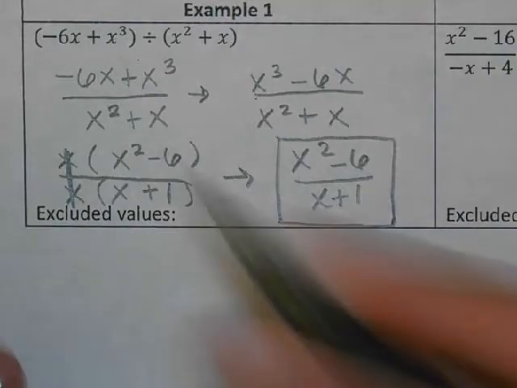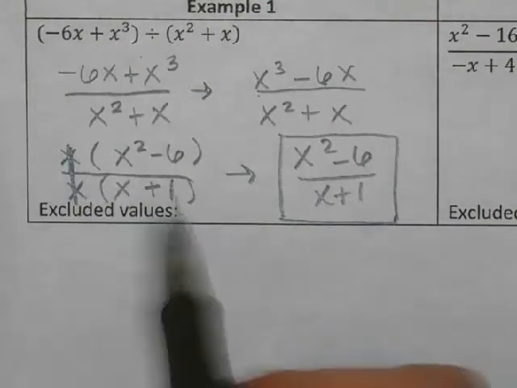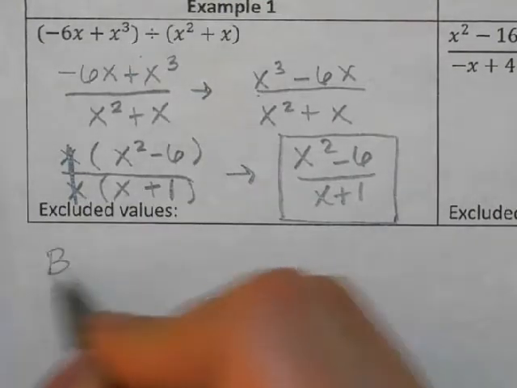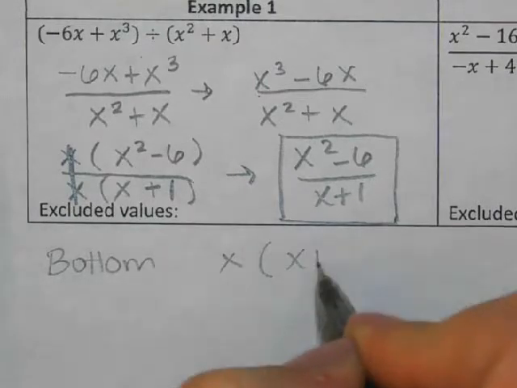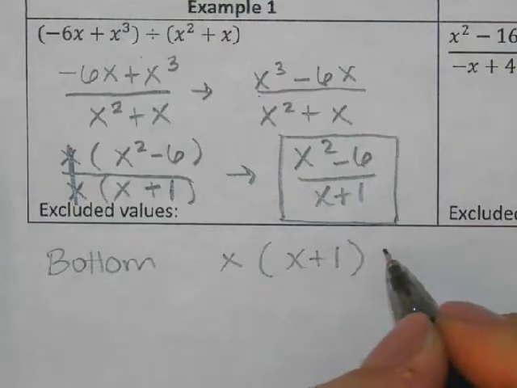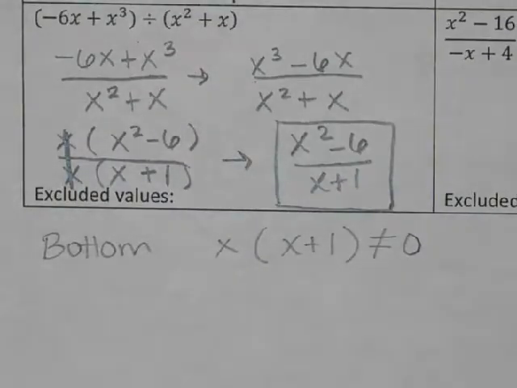So what we do to find the excluded values is we take the bottom. The bottom was x times x plus 1, and we know that the bottom cannot equal 0. Right? X times x plus 1. And I know that those numbers cannot make 0.